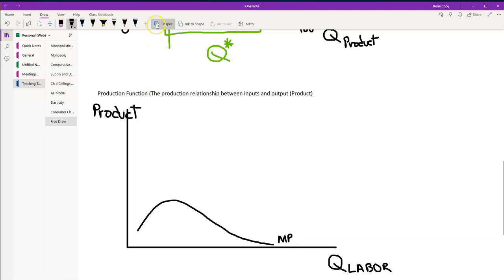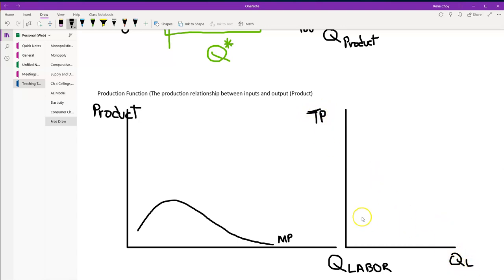Now, total product, we're going to use TP for total product. Total product has to do with this marginal and these inflection points.